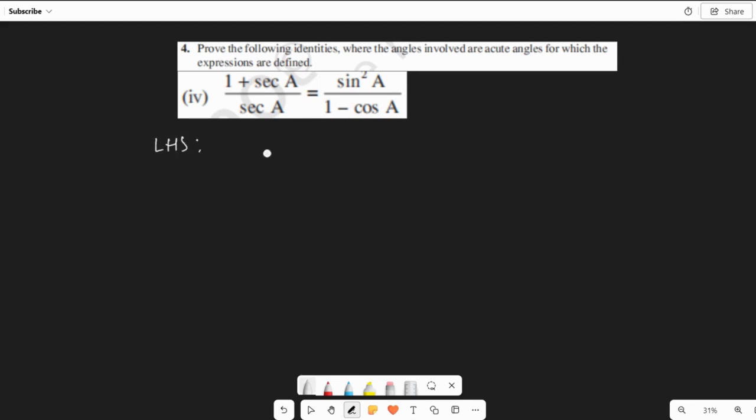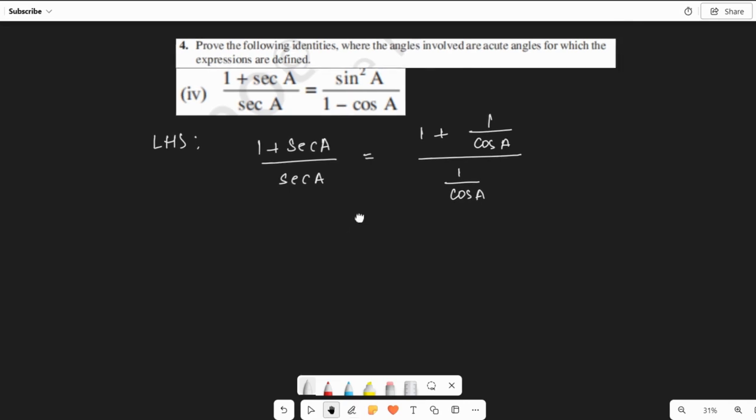Taking the LHS, this becomes (1 + sec A)/sec A, which can be written as (1 + 1/cos A)/(1/cos A), as we know that the secant function is the inverse of the cos function.